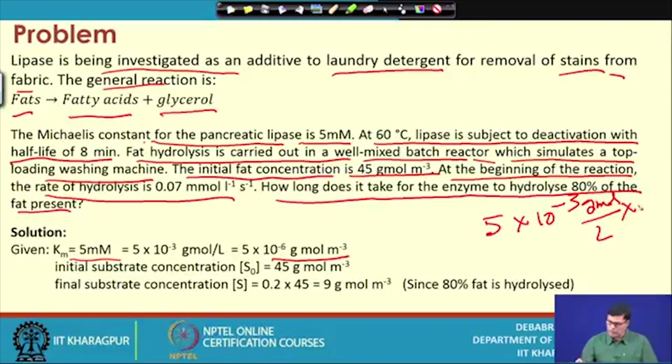I told you, if you want to convert into cubic meter, you write 1 cubic meter. 1 cubic meter is how much? 1 cubic meter is 1000 liters. Am I right?